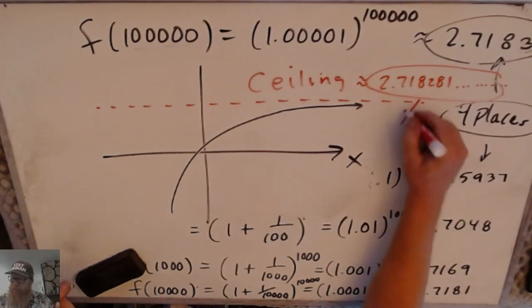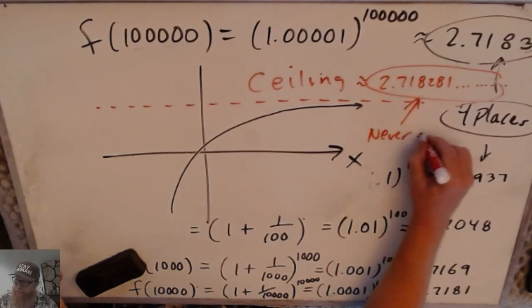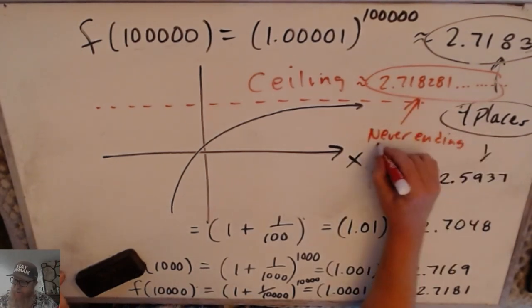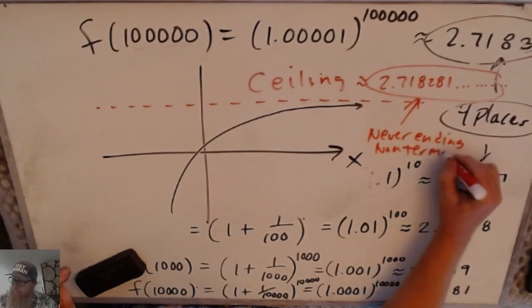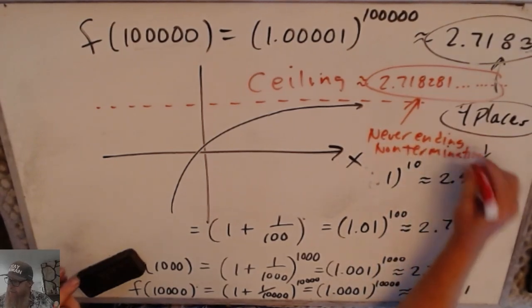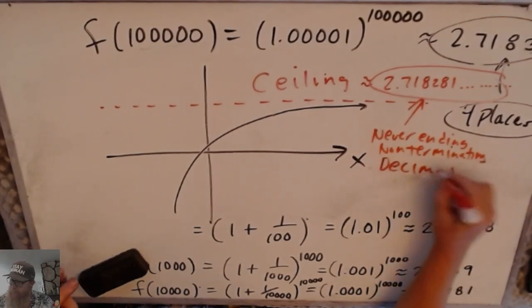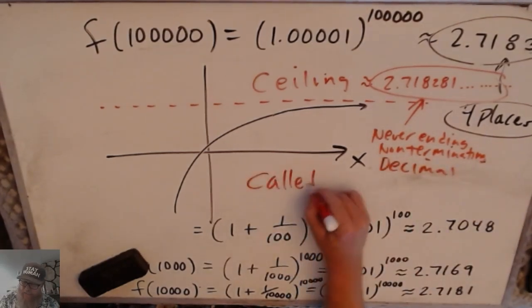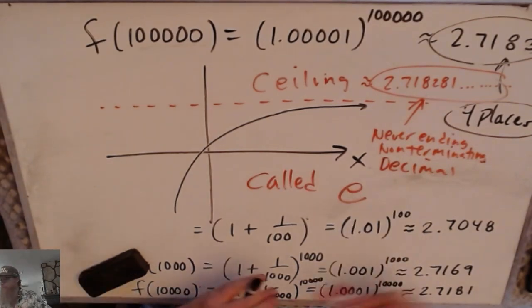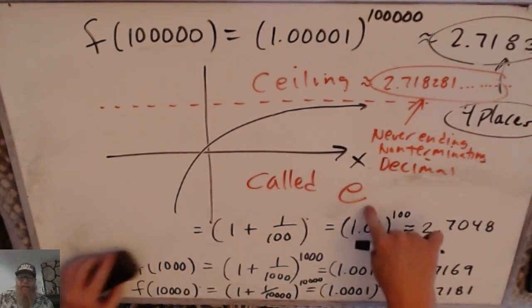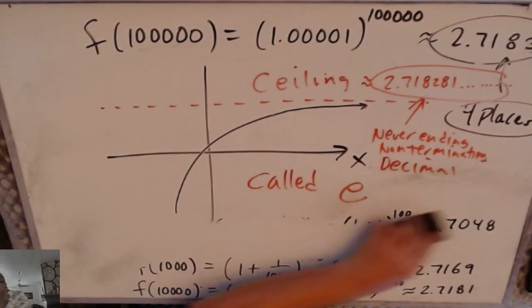It goes on forever and ever. A never-ending, non-terminating decimal called e. This is what we call the natural exponential.